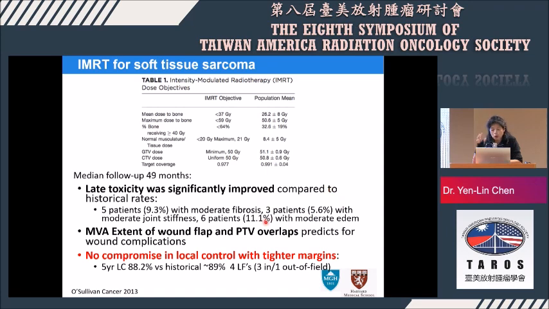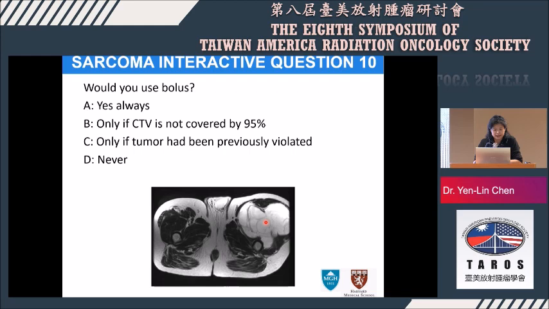And then if there's a wound overlapping with the PTV, where the planned flap overlaps, that predicts for wound complication. But there was no compromise in local control with the tighter margins and tighter doses with IMRT, more conformal doses.